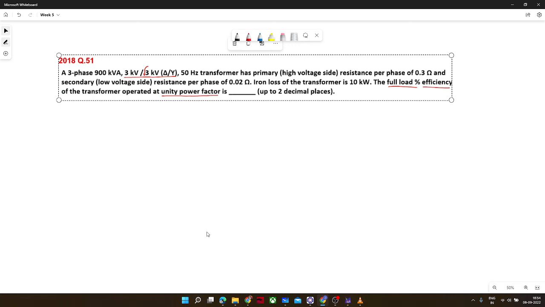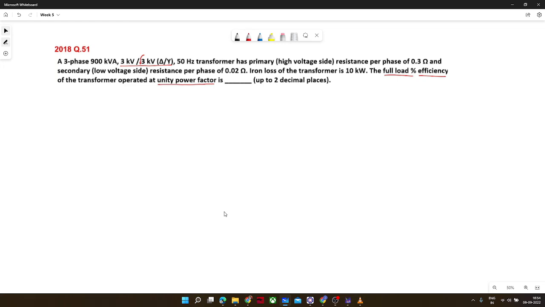Okay, so let us move ahead quickly with this problem. This is based on three-phase transformer, and here we are required to calculate the full load efficiency. We all know efficiency is equal to output by input. Output would be the percentage of loading into kVA rating of the transformer into cos phi.